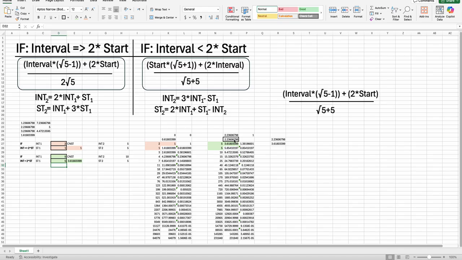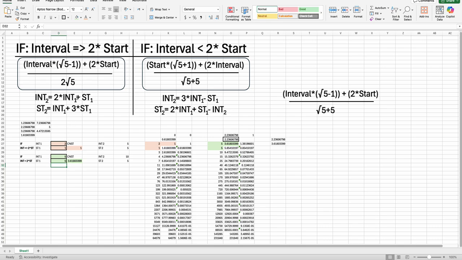If you go a step back, this would be your start point to produce your interval right here. It just depends on where you think this should start, but at any rate, this is the formula that I came up with that will produce these sequences for you.